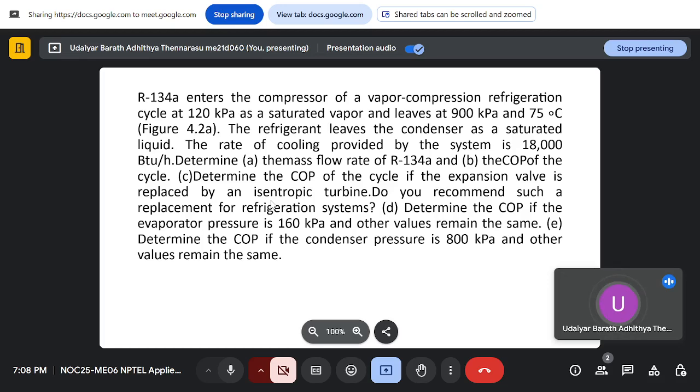One, we are replacing the valve by an isentropic turbine, to see what effect it makes and whether it can be recommended. Second, we are increasing the evaporator pressure from 120 kilopascal to 160 kilopascal, and third, we are reducing the condenser pressure from 900 kilopascal to 800 kilopascal.